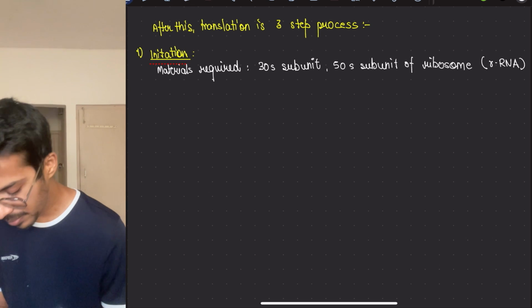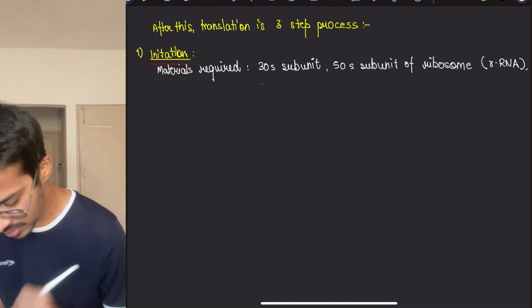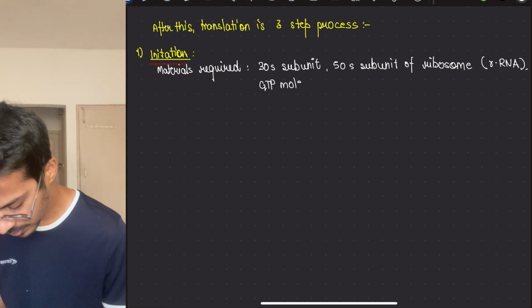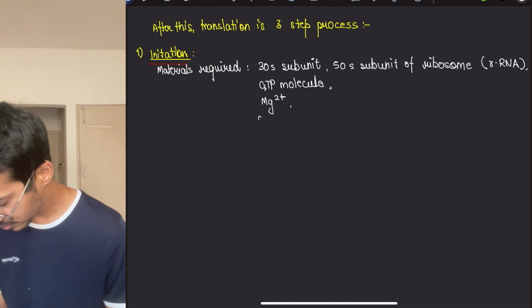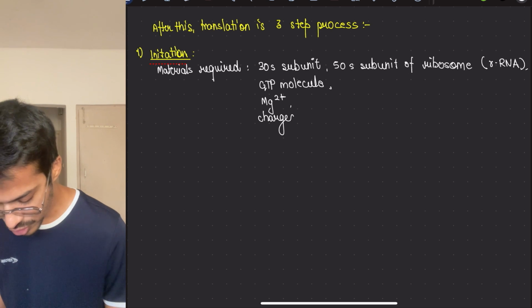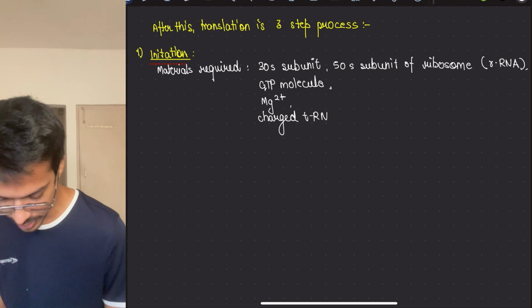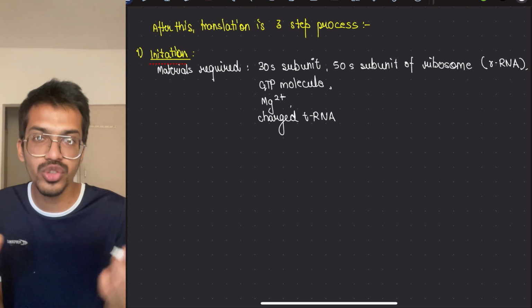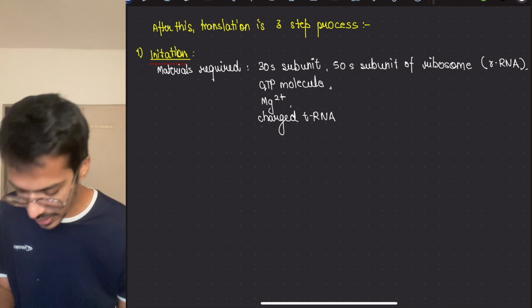Coming to the next thing, what else do we need? We need GTP molecule that will provide what? Energy. We need magnesium ions. We need charged tRNA because it will contain what? Amino acids, and if we make the chains, then amino acids are needed, right?